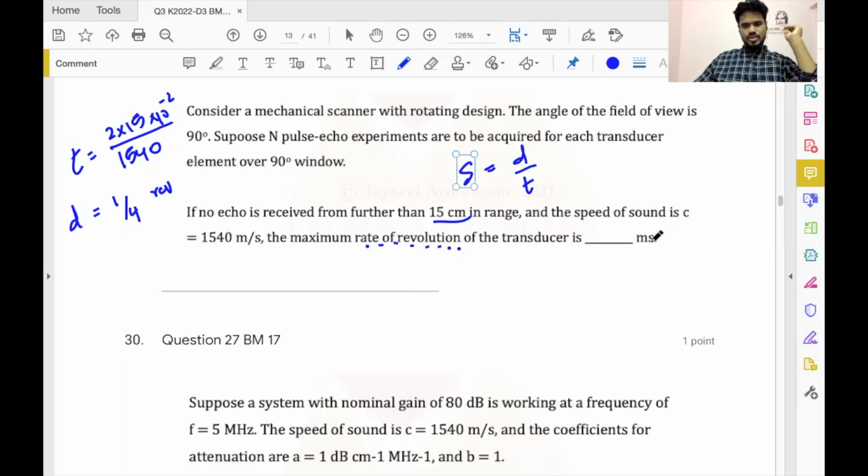So this is not in revolutions. The maximum rate of revolution should be in revolutions per second. Suppose that's a slightly big number, 1,000 or something.